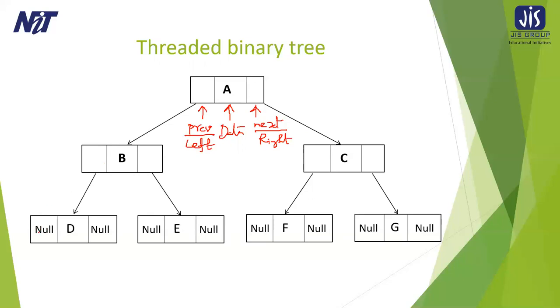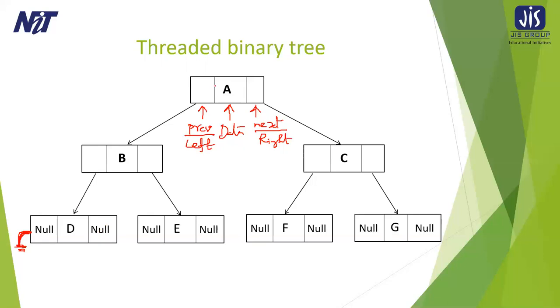Here some null pointers are there. A null pointer is also denoted by this ground symbol. This indicates that no node is further present. So that is the leaf node. We denote it with both left and right sides null.